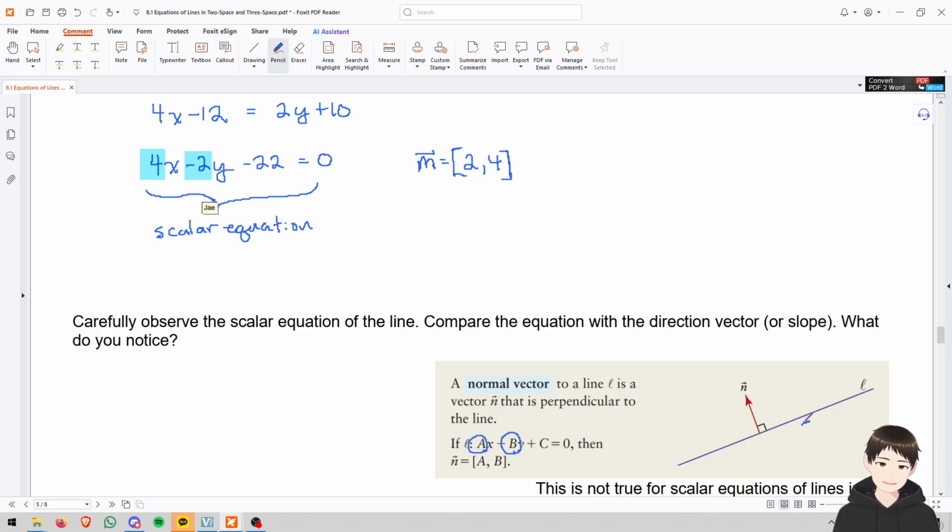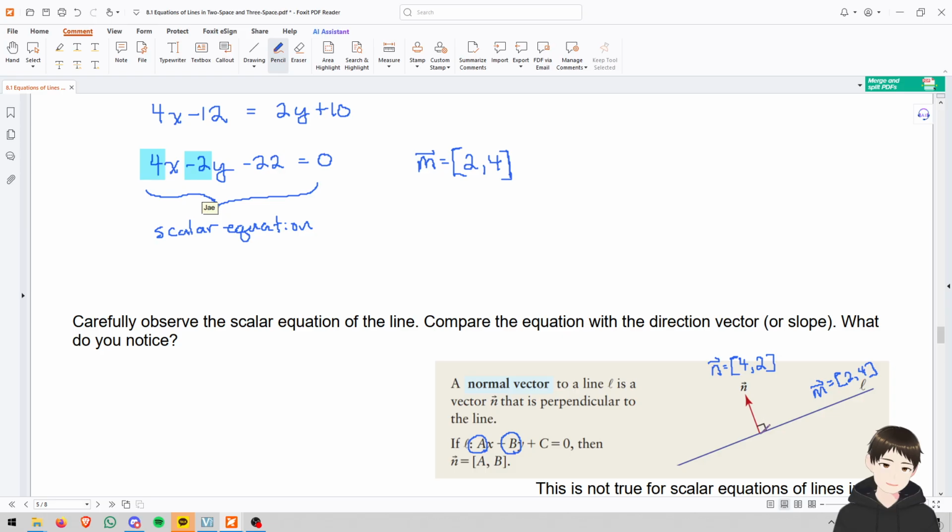So let's say my direction vector was 2, 4. My normal to that, if you remember from the previous video, would be the numbers are switched and one of them is a negative.